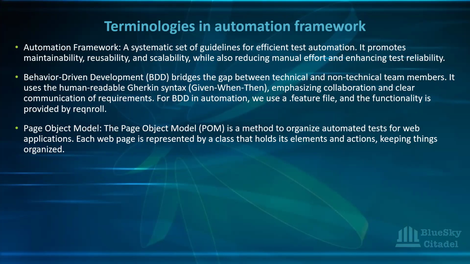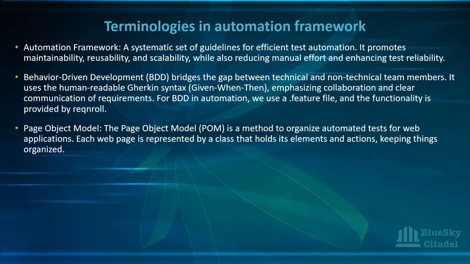The page object model, or POM, is a design pattern to organize our automated tests for web applications. Each web page is represented by a class that holds its elements and actions, keeping things organized. So basically a class is like a container for our methods and our fields.